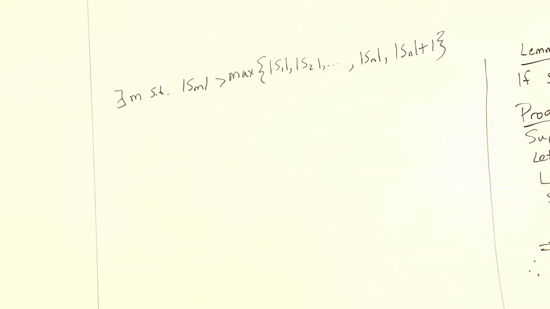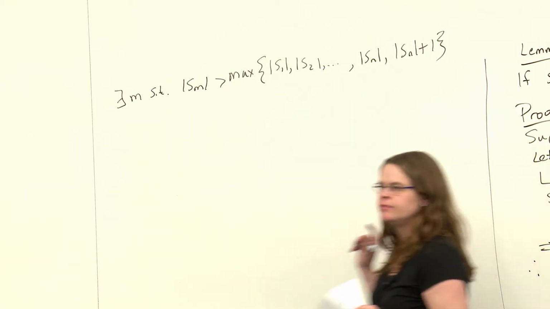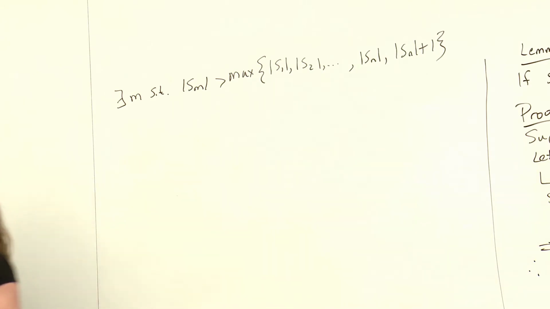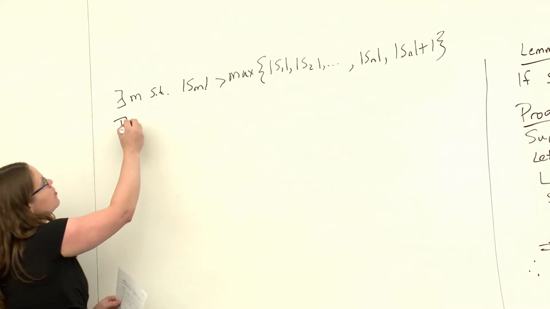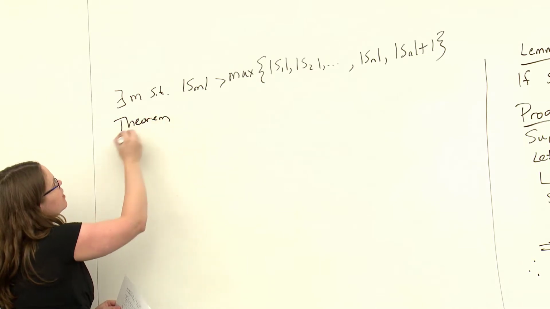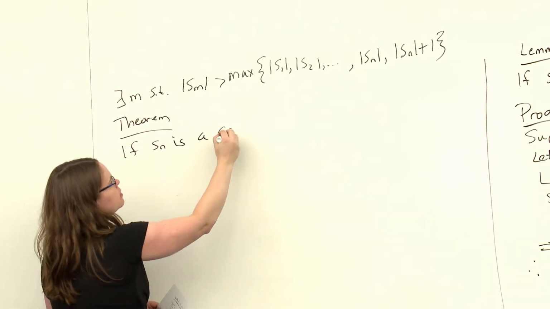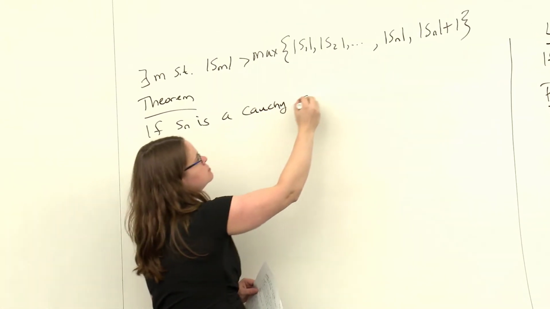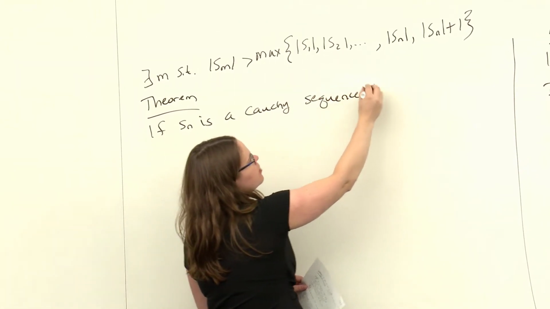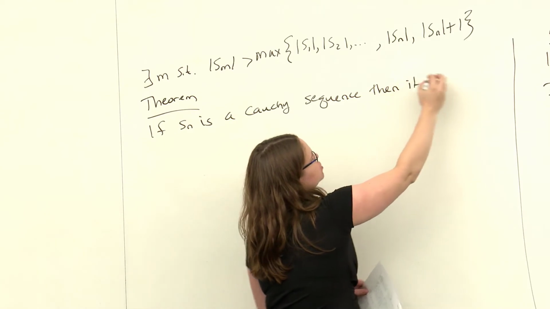Any other questions on this lemma? Okay, so again, the lemma is, okay, it's there. It's not super interesting on its own, but it's going to help us toward our goal. And our goal is this main theorem, that if Sn is a Cauchy sequence, then it converges.